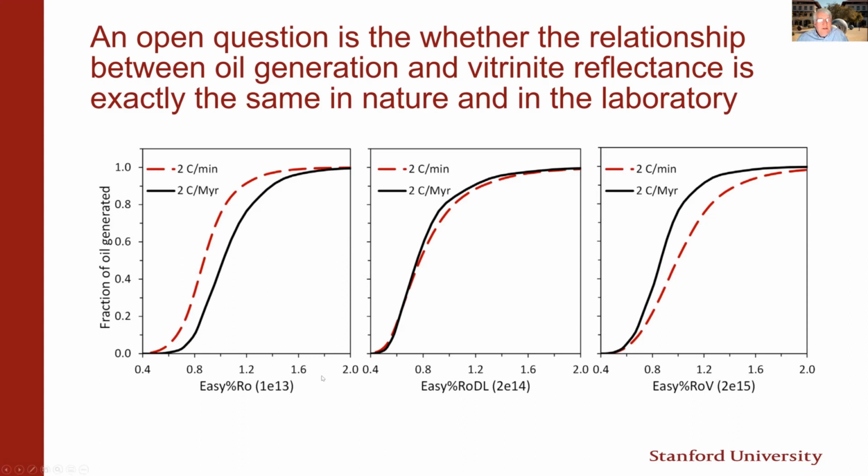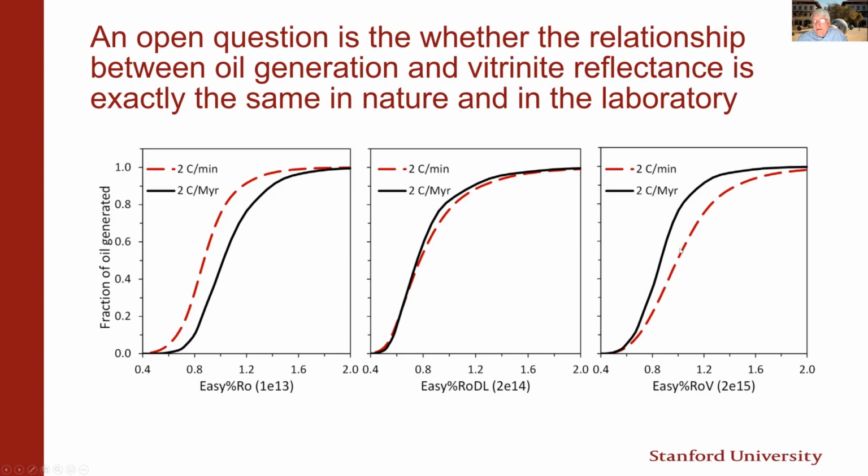And in fact, if you use kerogen data using this frequency factor of 2 times 10 to the 14th, you find that there is a disagreement between the fraction of oil generation and EZ%R0. The DL model by design matches those. And the EZ%R0 V model again has an offset because the frequency factor, which was 1 times 10 to the 15th for the oil components and 2 times 10 to the 15th for the gas components, causes those to split.